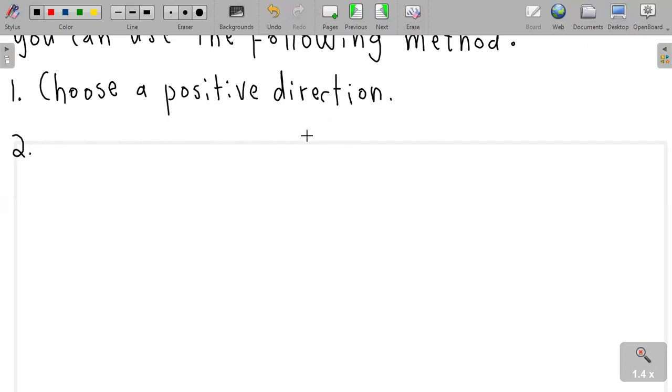So depending on whether the movement is horizontal or vertical, it's your choice, okay? You can say up is positive, or you can say up is negative, okay? If you say up is positive, then it means down will be negative, you see?